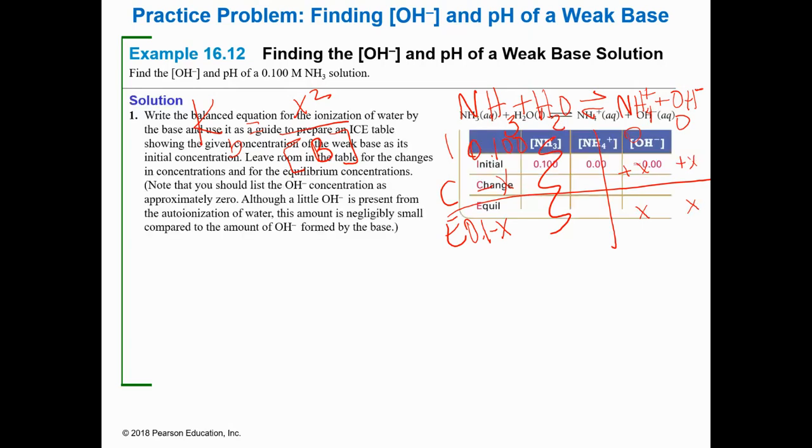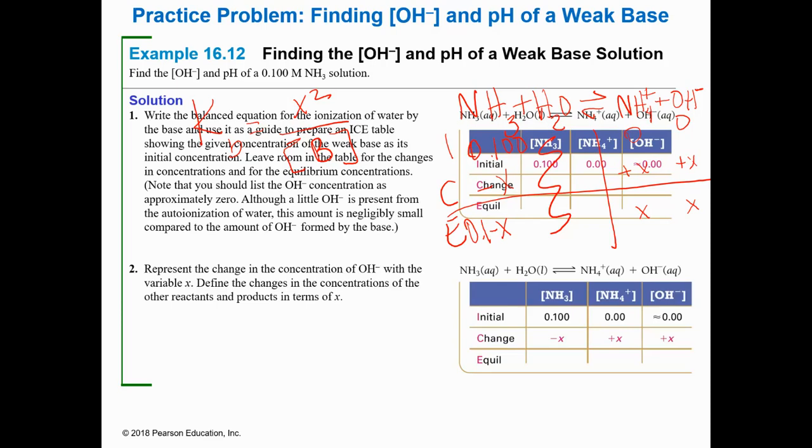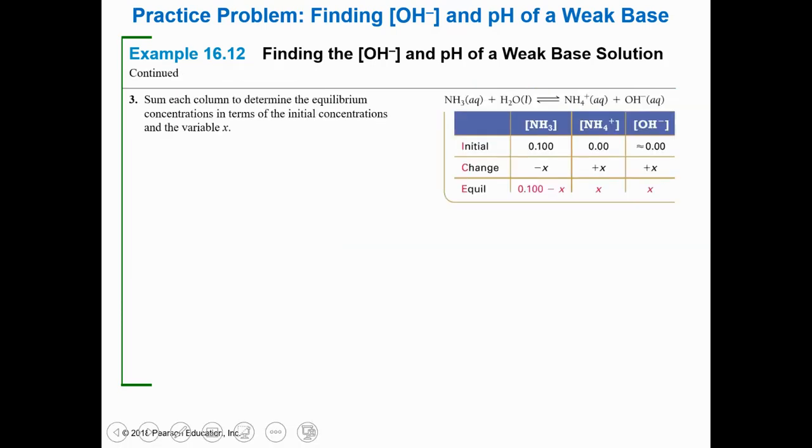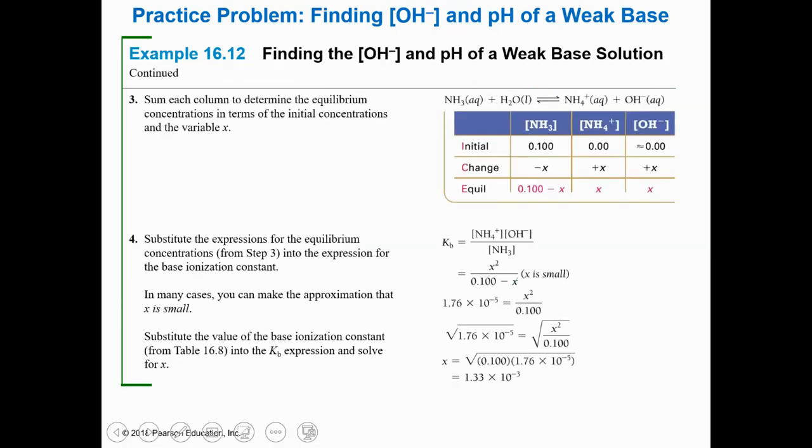So we do need our Kb value for this. Remember I posted that table in week 3, so just look there. So there's our value, we plug it in, and then we solve for X. Remember, this is now the OH concentration.